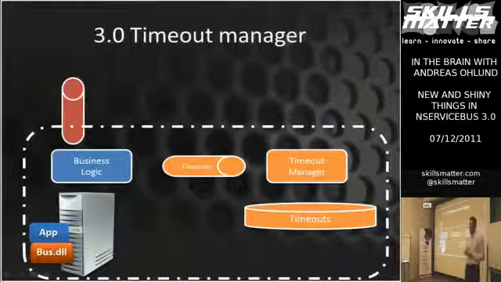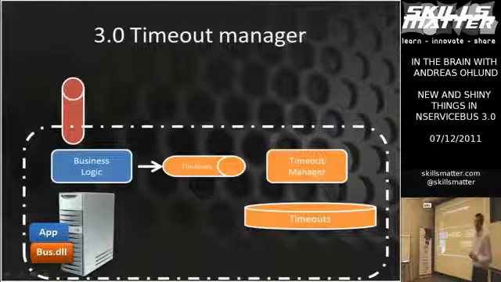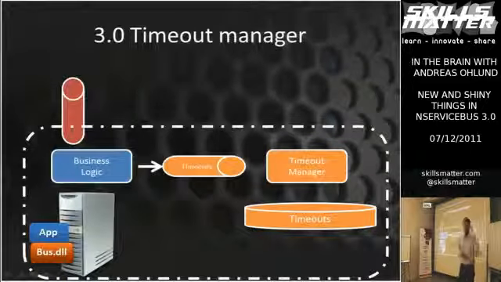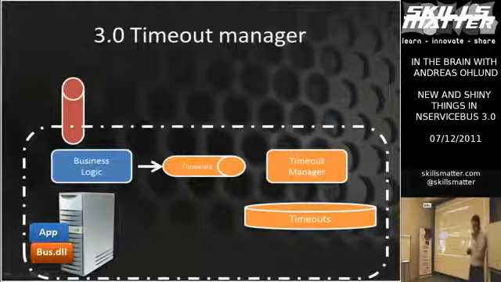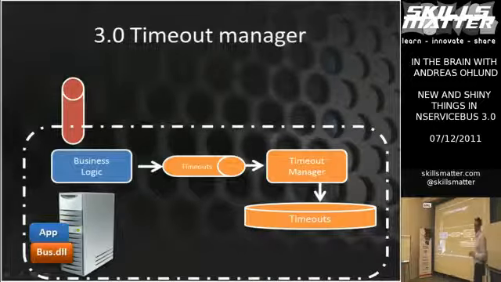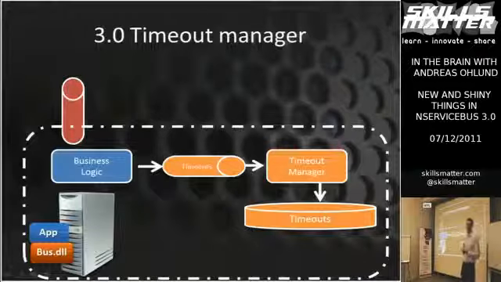But the way it works is that within the same endpoint, if a message comes in and you ask for a timeout, another message will be sent to the input queue of the timeout manager. That is by default called timeouts. The timeout manager will pick it up. It will store it in a data store. It could still be in memory, in MSMQ or in RavenDB, as we just looked at.